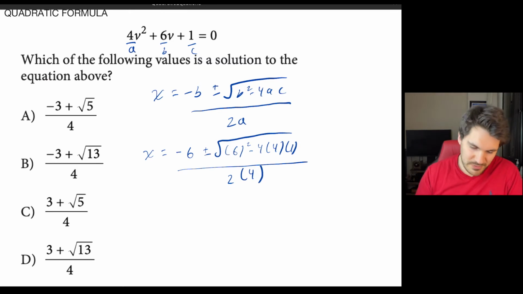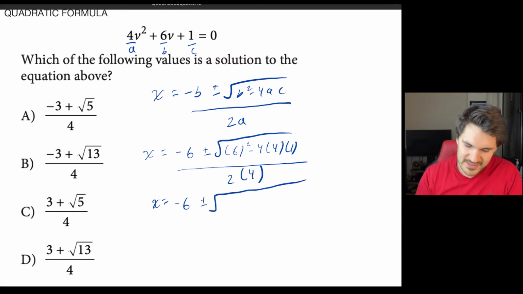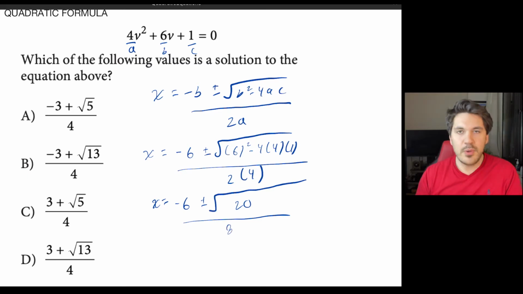So let's simplify this down now. So x equals negative 6 plus or minus the square root of 6 squared is 36 minus 4 times 4 times 1, so the square root of 20 all over 8. Now we have to rewrite 20 in simplest radical form.